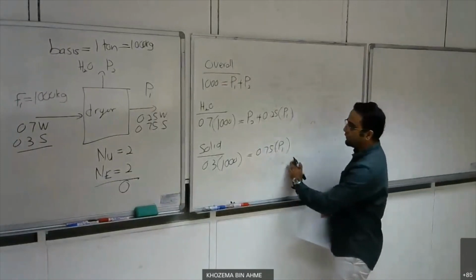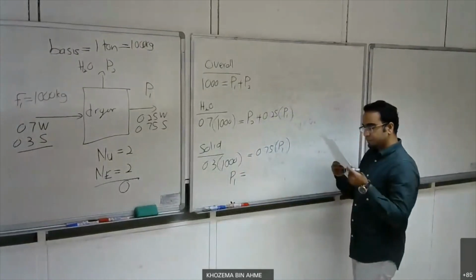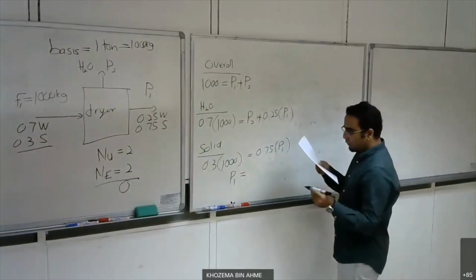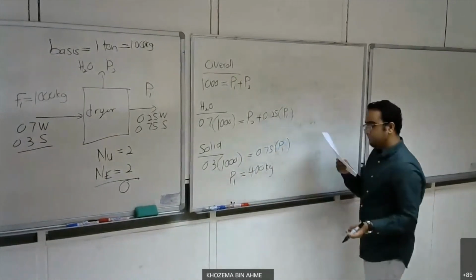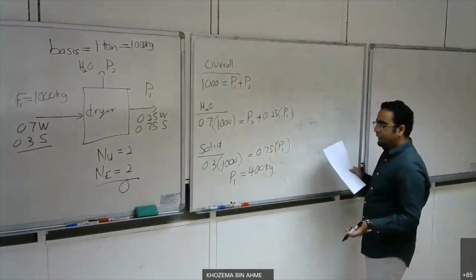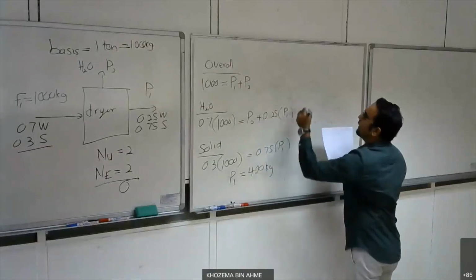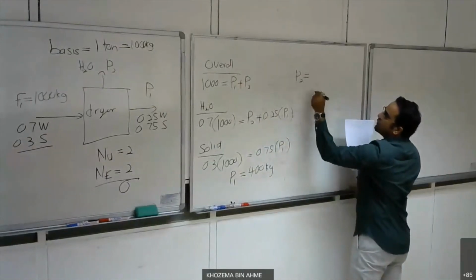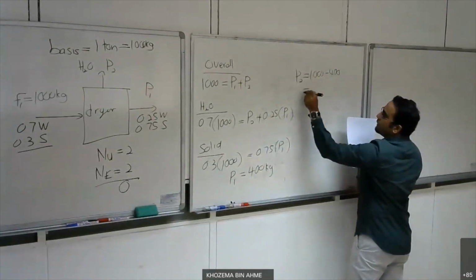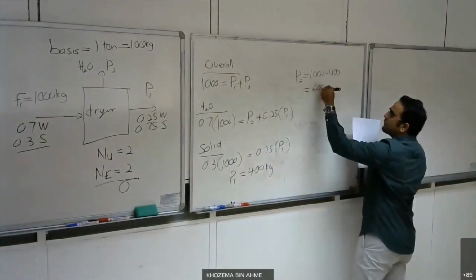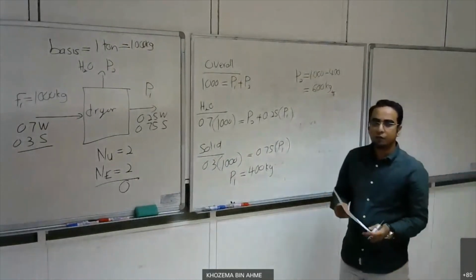From this equation, I can straight away get my value of P1 is equal to 400 kg. Then if I put P1 as 400 here, I can get P2 is equal to 1000 minus 400, so the value of P2 is 600 kg. So that is all for example number 4.